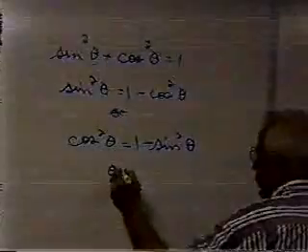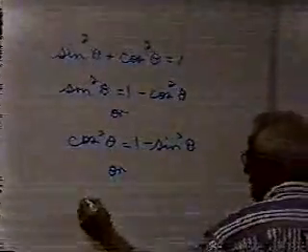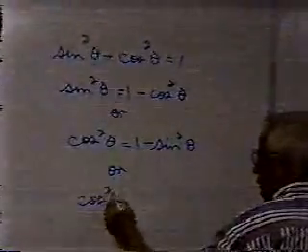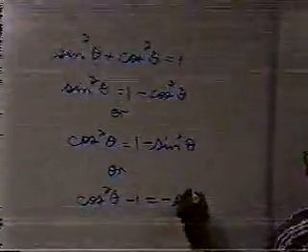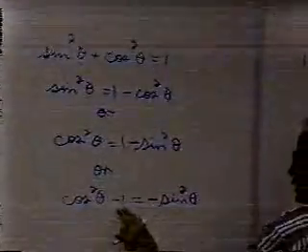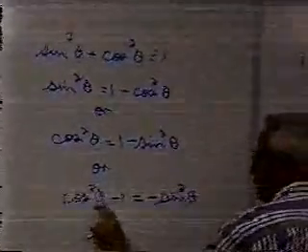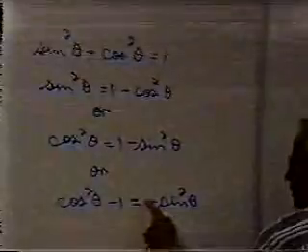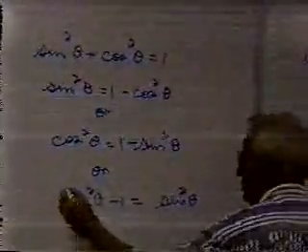Or you'll probably have to see it this way. What is cosine squared minus 1 equal to? Well, what that's equal to is a minus sine squared. Because what you do here is if you factor out a minus, okay, well let's take it this way. Let's take this and multiply both sides by minus.